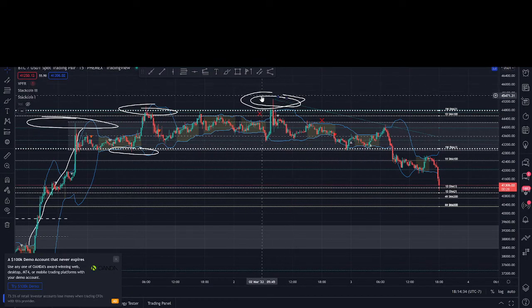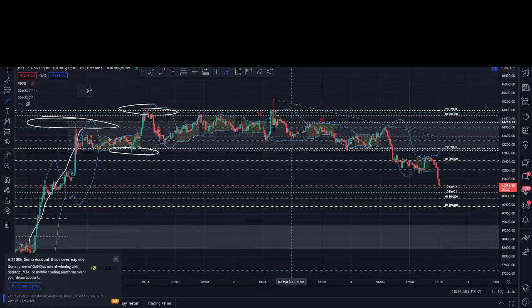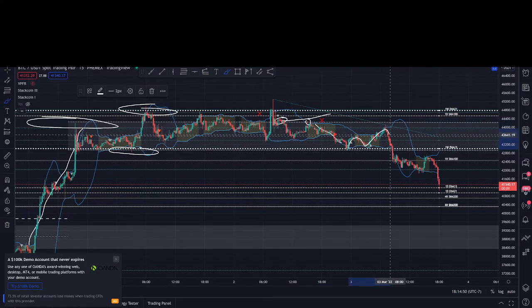Once I saw this part up here, I basically shorted right here at this point. That's my entry price, and then I scaled it once I saw this get rejected. I think I might have scaled it somewhere in here.